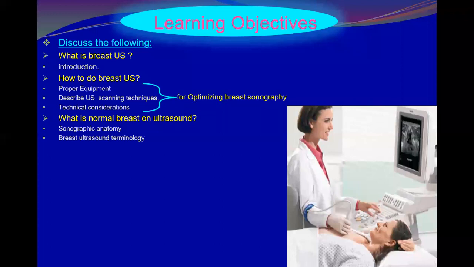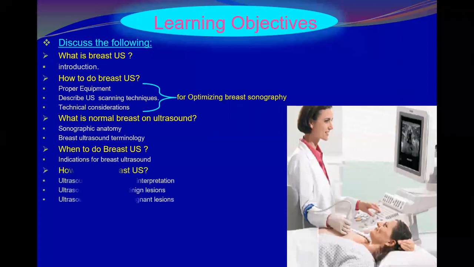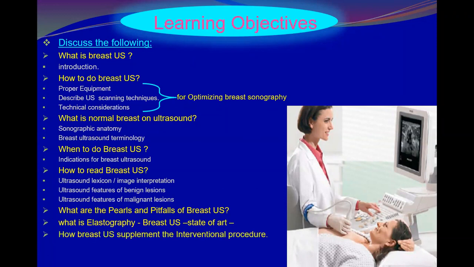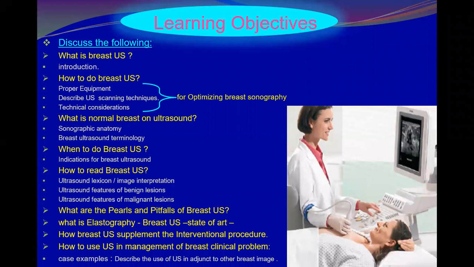Also, we want to know what is normal on ultrasound, what is the sonographic anatomy and breast ultrasound terminology, when to do breast ultrasound, the indications, and how to read breast ultrasound using ultrasound ACR lexicons for image interpretation, including features of benign as well as malignancy, and what are the fears and pitfalls of breast ultrasound, what is elastography, breast ultrasound state of the art, how breast ultrasound supplements the interventional procedures, and how to use ultrasound in management of breast clinical problems using case discussion or case examples.